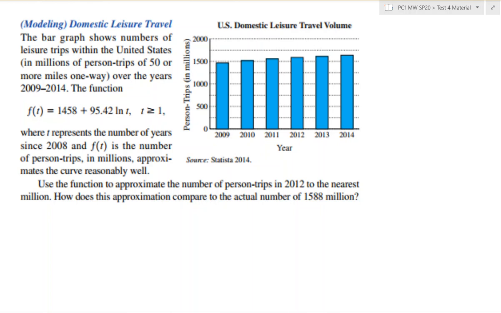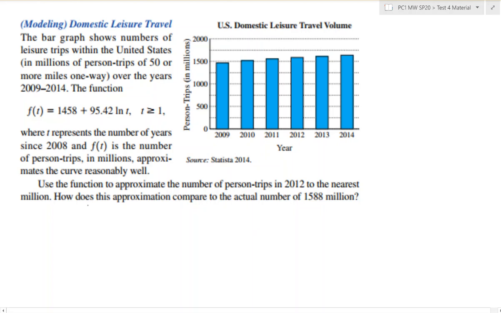So we want to use this function to approximate the number of person trips in 2012 to the nearest million, and see how that approximation compares to the actual 1,588 million person trips of 50 or more miles one way.